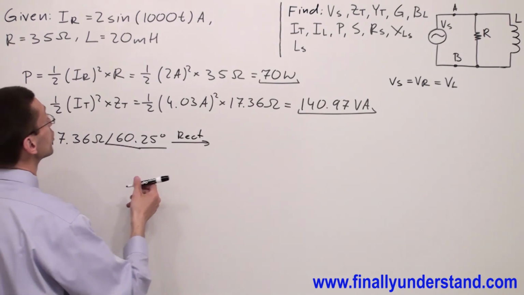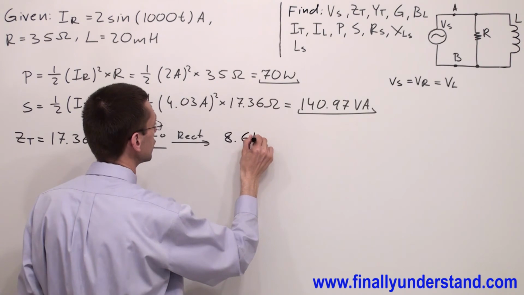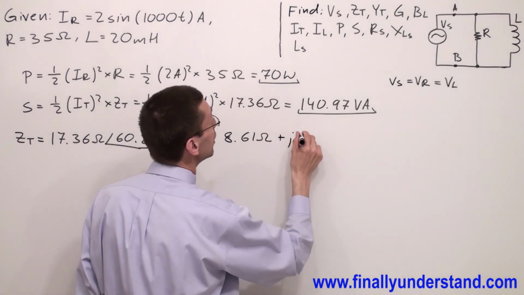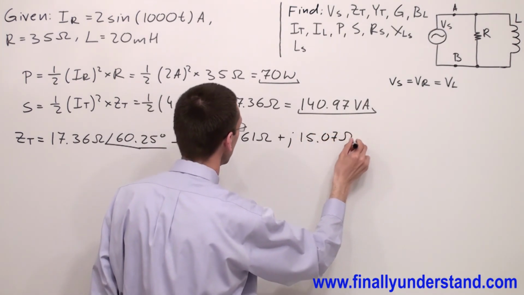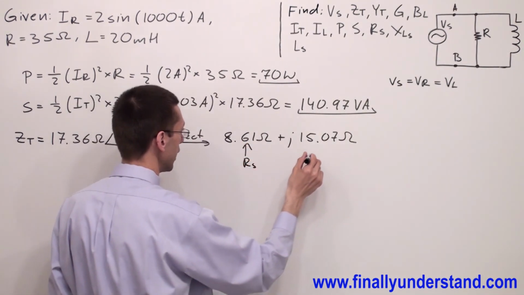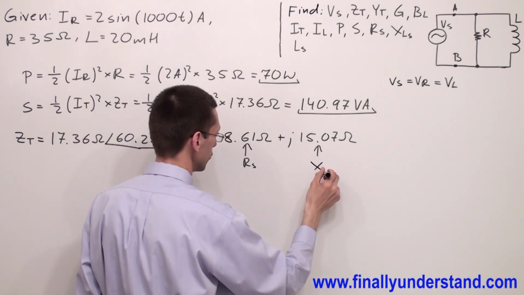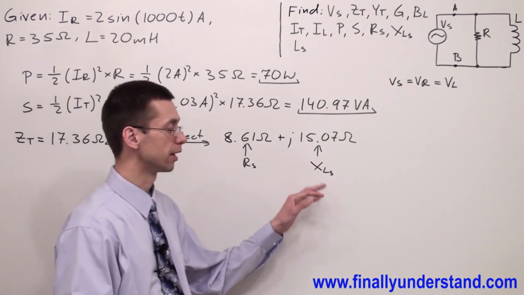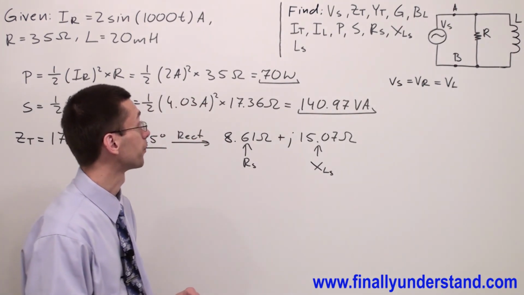Okay, so you're supposed to obtain the value 8.61 ohms plus j15.07 ohms, where the real part represents the resistance and the imaginary part represents the inductive reactance, X of L S. Okay, so I found the resistance and I found the impedance of the inductor.